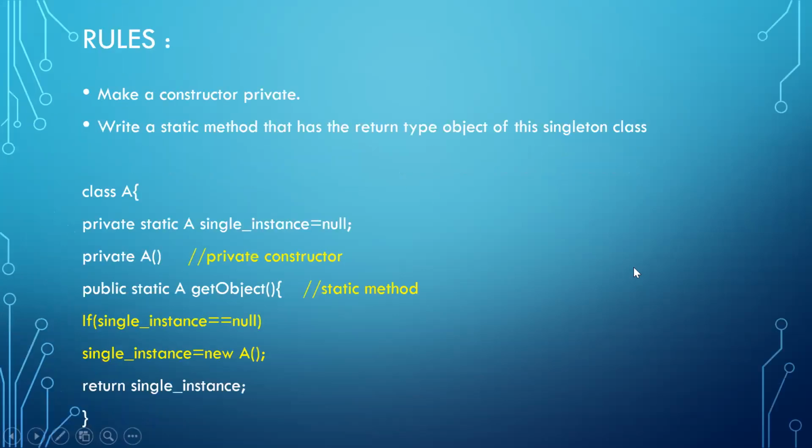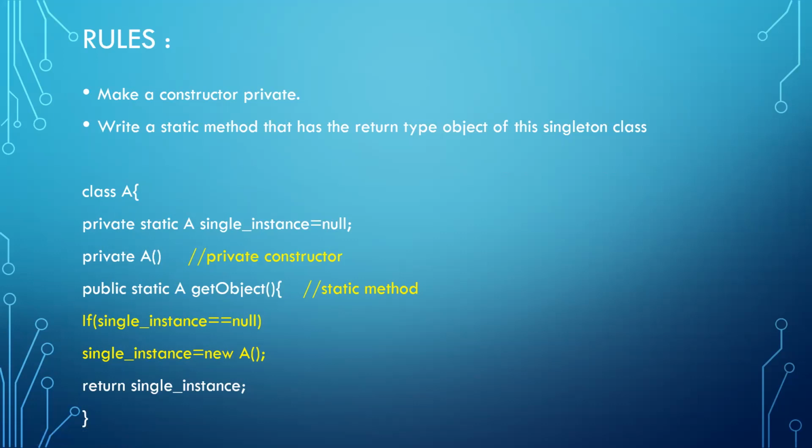There are some rules for making a singleton class. One is to make the constructor private. In this example, the class is A, and we are creating the private constructor. A private constructor means that whenever we try to create a new object, we can't create a new instance.